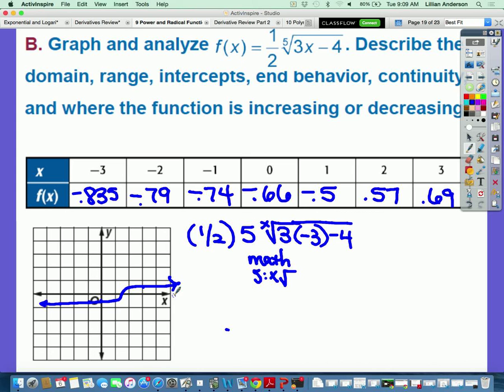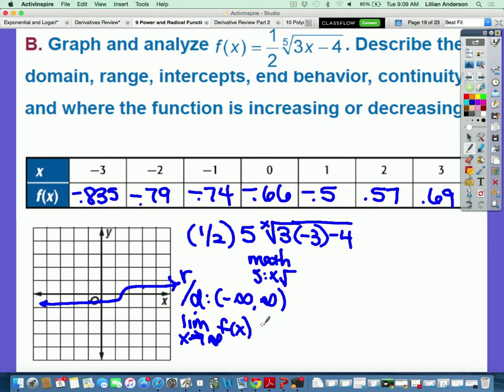And on the side, your domain and range are the same. It is negative infinity to infinity. So your domain and range, negative infinity to infinity. Our end behavior is very similar to a cubic. The limit as x approaches positive infinity: what's happening to your y's?